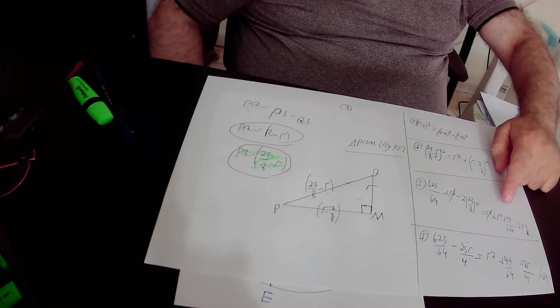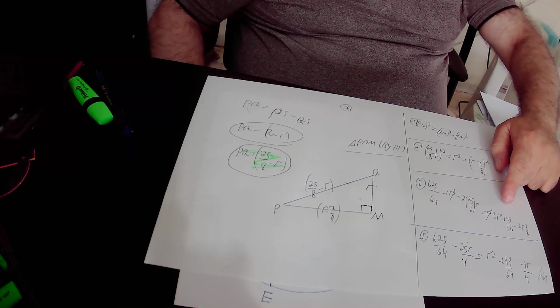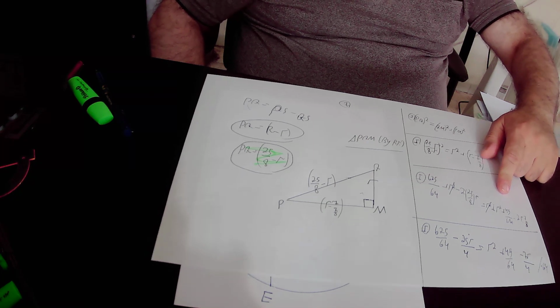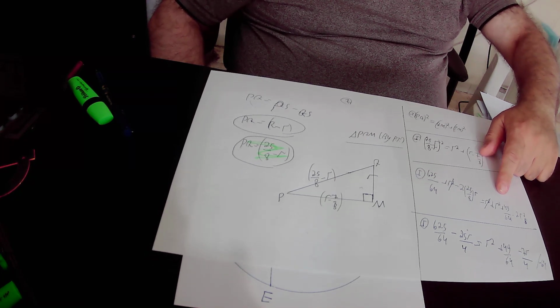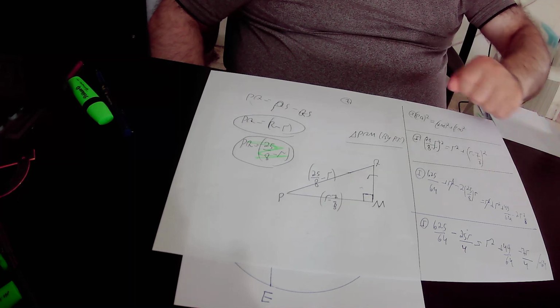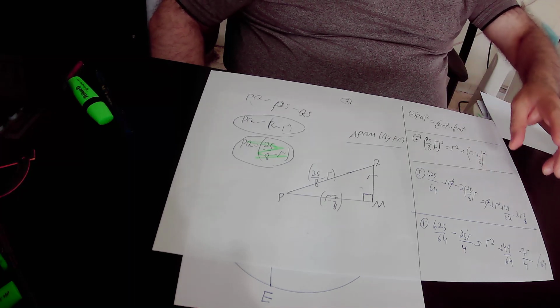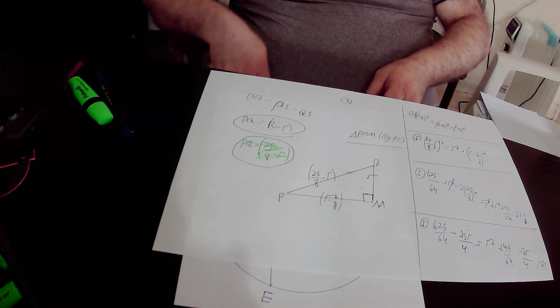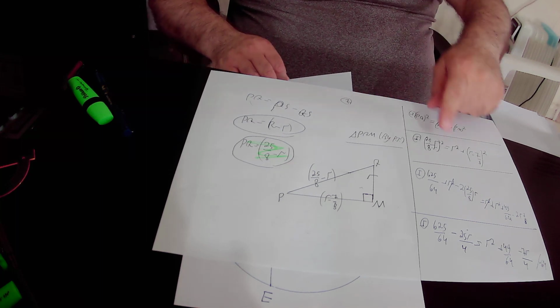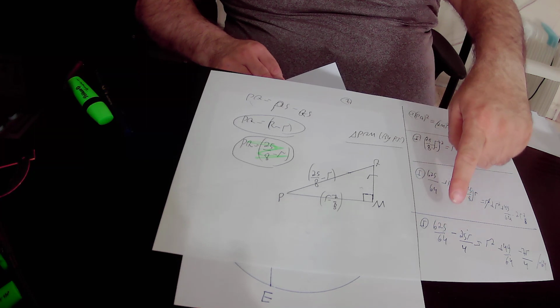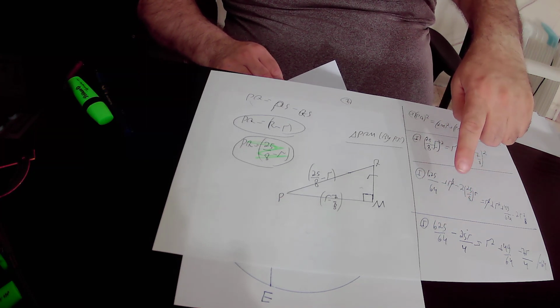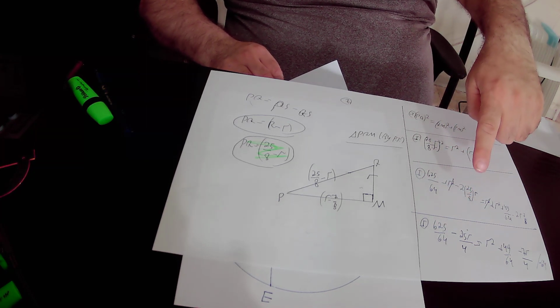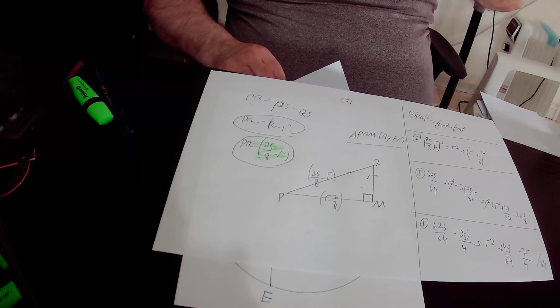This expression equals 49 over 64. So we actually multiply this equation by 64, and here the 64 gets cancelled, and we are left only with 625. Here minus 64.